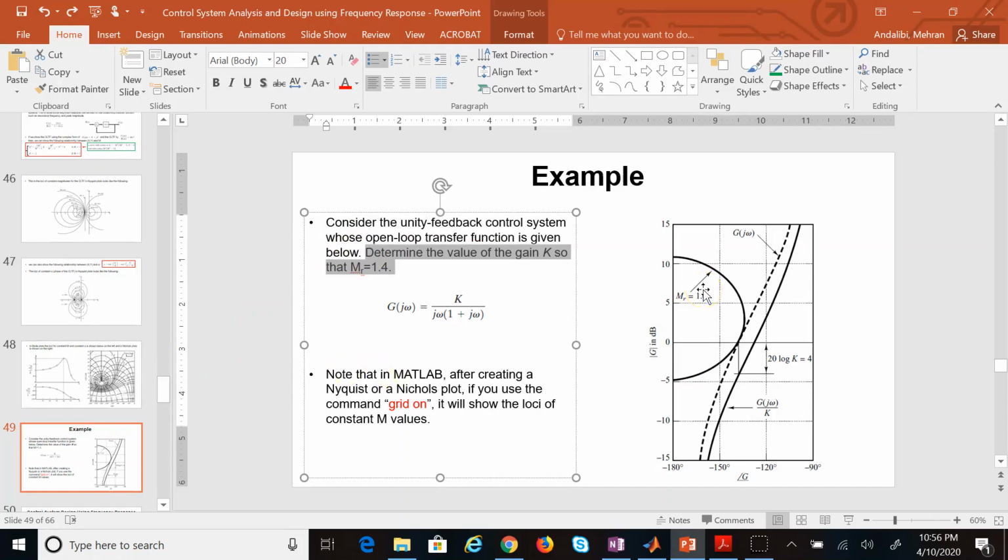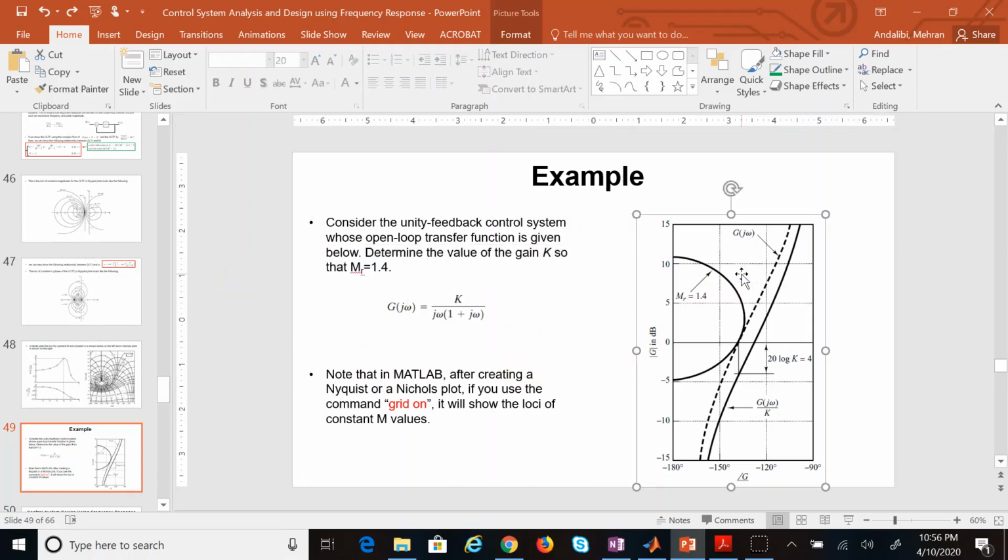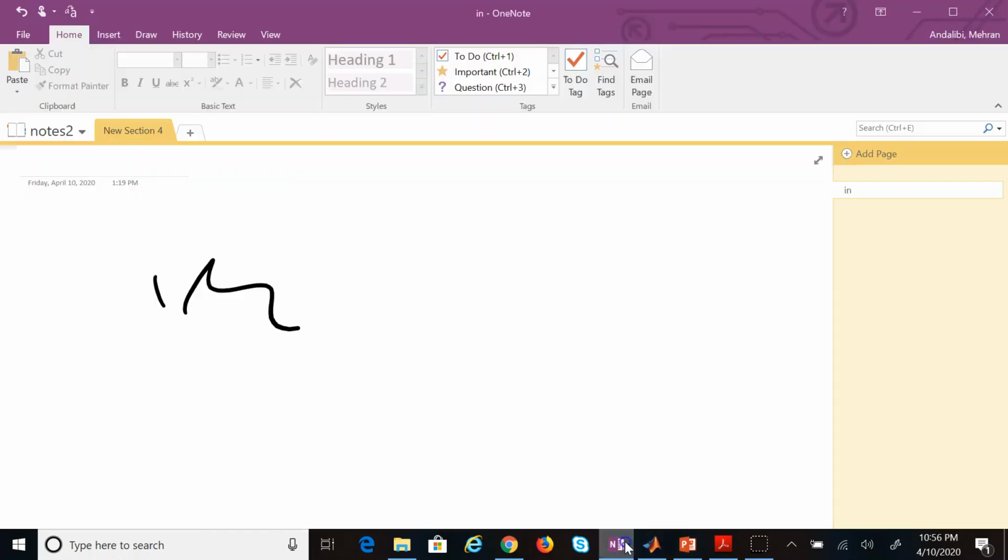What you typically rather do is either a Bode plot, or better than Bode plot in this case for this type of problem, I always recommend you use Nichols plots, because you can see gain and phase all together in one plot. And the best thing about Nichols plot is, if you change K, what happens to the Nichols plots? Or even Bode plot, what happens to them? Let me tell you very fast here.